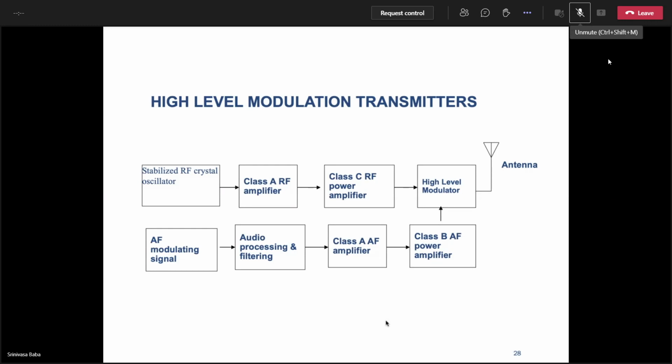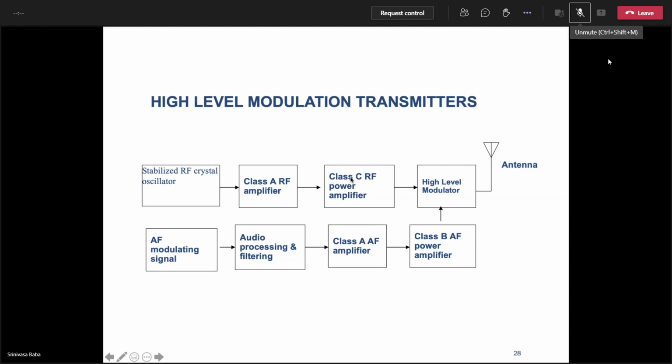So you have to choose these power amplifiers properly whenever you are using them in block diagrams like this. So here you have an RF crystal oscillator producing stable oscillations. Then that is applied to a buffer amplifier, Class A or Class B, and then that is applied to a Class C power amplifier, which improves the signal strength, but also introduces some distortion.